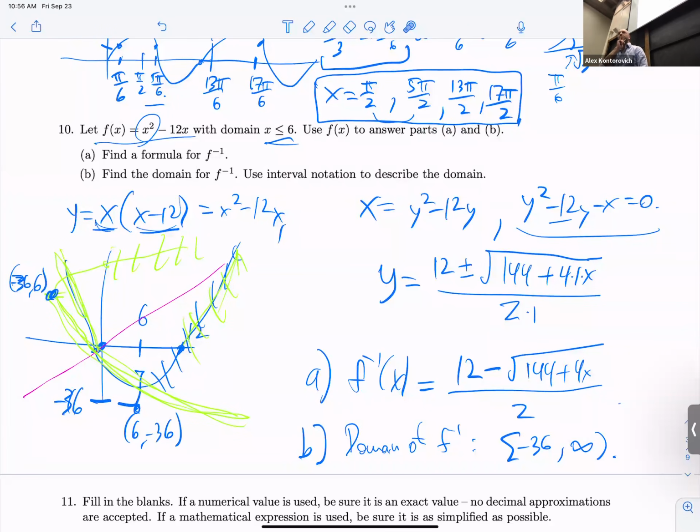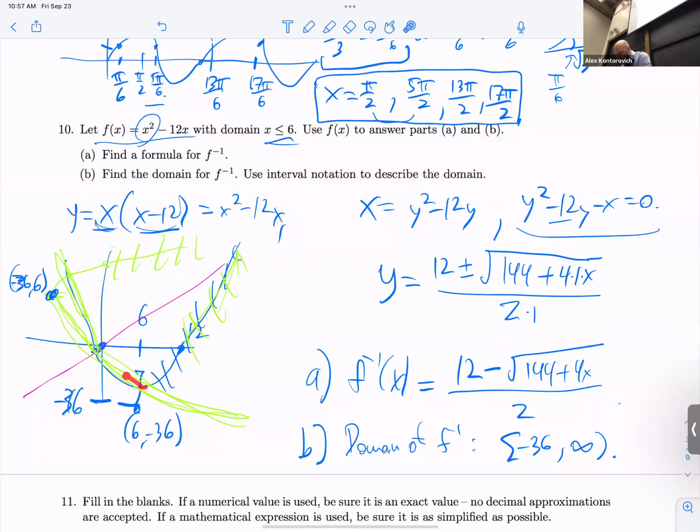Ying. Why did I choose the negative instead of the plus minus? Yeah, so for example, I don't know which branch to take, this branch or that branch, right?